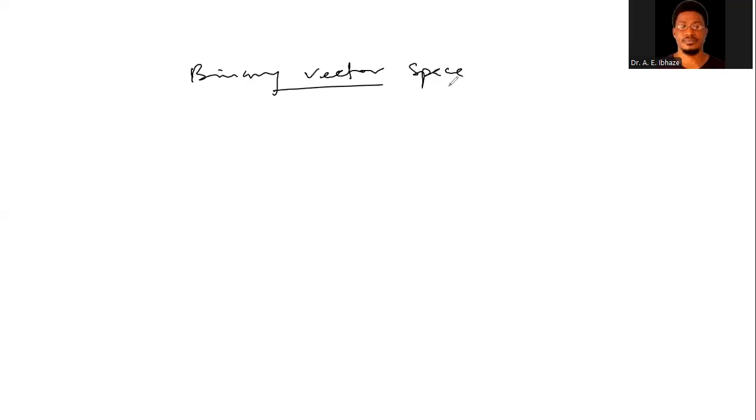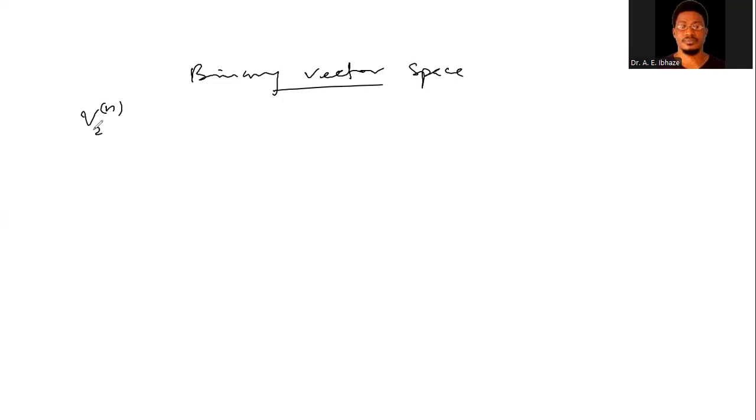And here, we want to denote the binary vector space as V of cardinality 2, of length n. Because here, n is the binary vector length. Okay? Just what you already know.